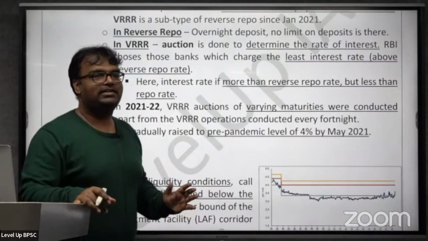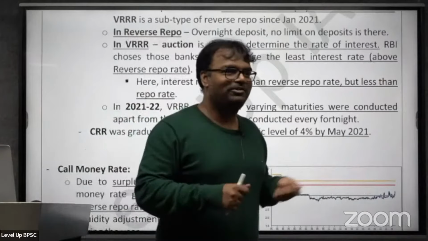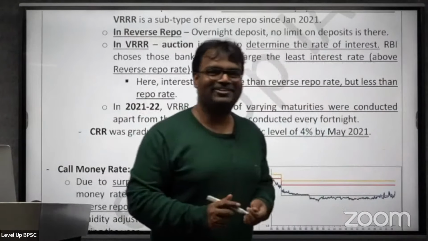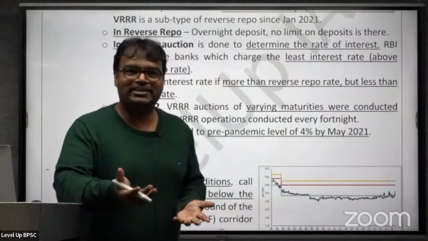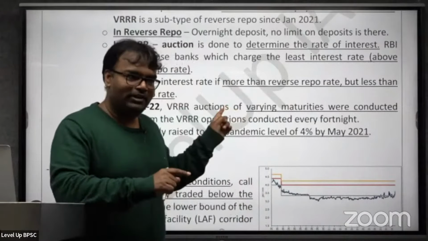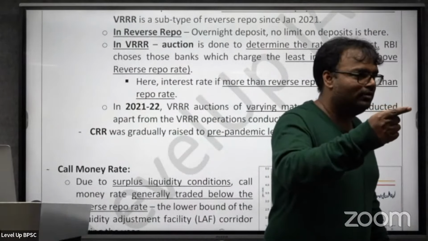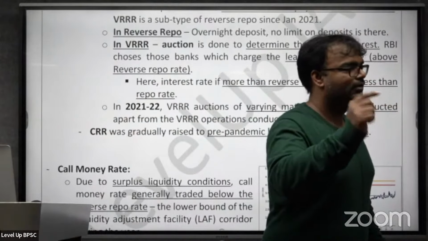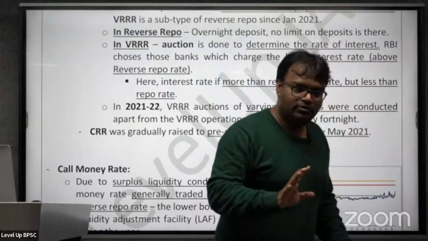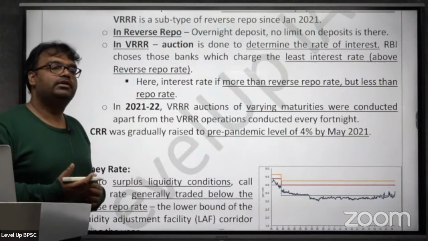If the interest rate goes more than repo rate, then the bank will borrow money from RBI and deposit it there only. Now, the interest rate which RBI offers cannot go more than repo rate. So here, the interest rate would be higher than reverse repo, but less than repo rate. Fine, this is understood? Okay, so this was variable rate reverse repo.